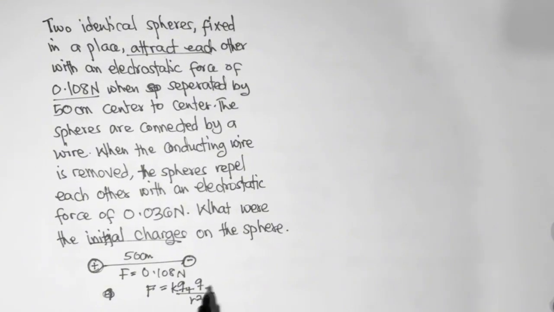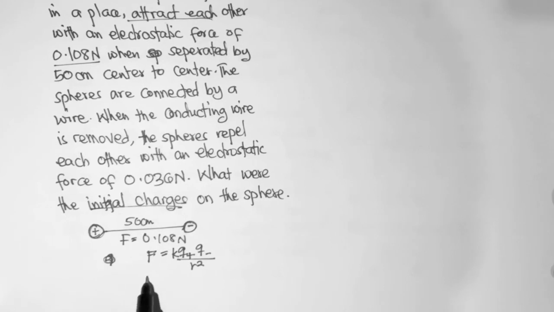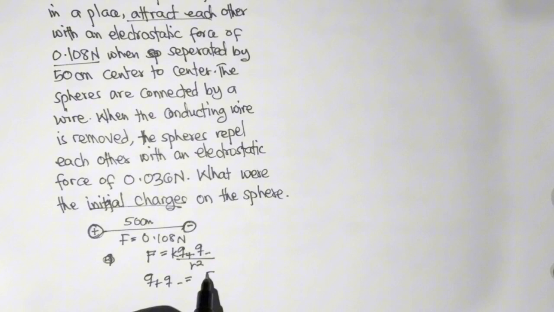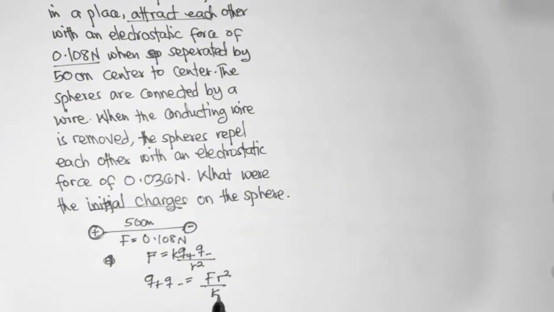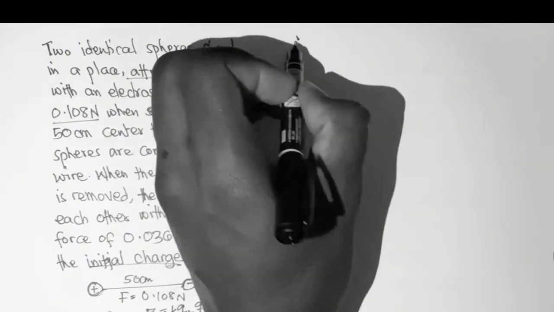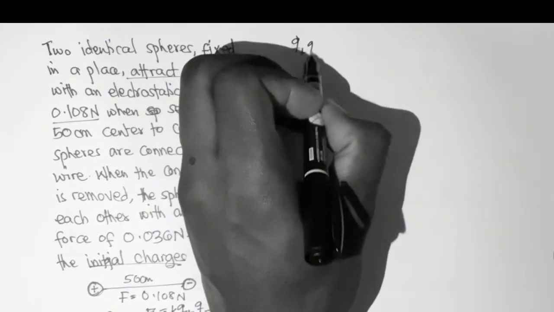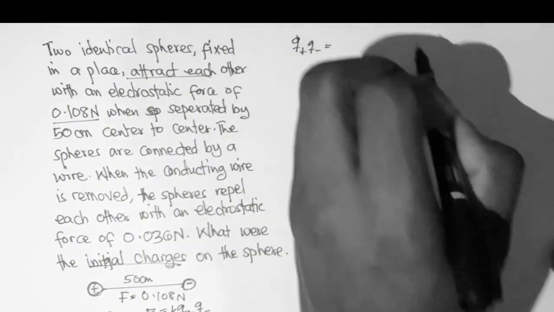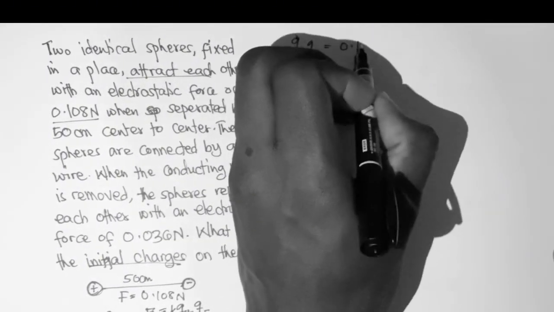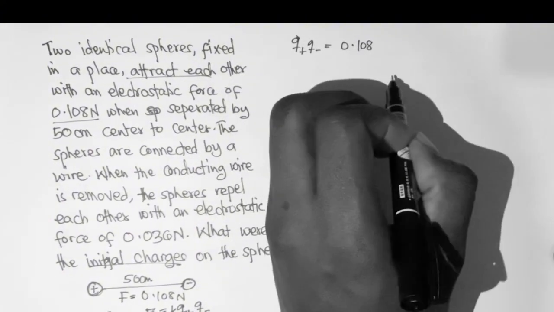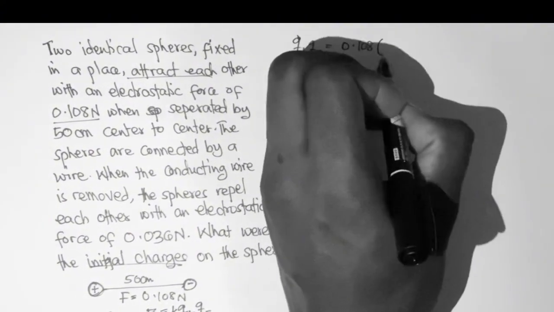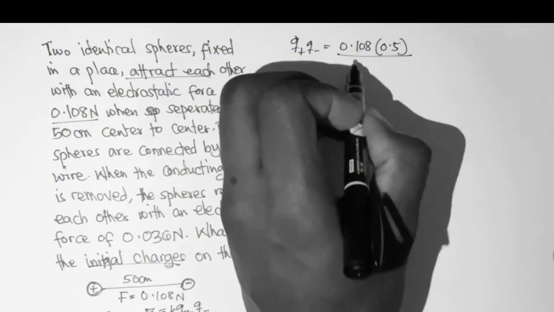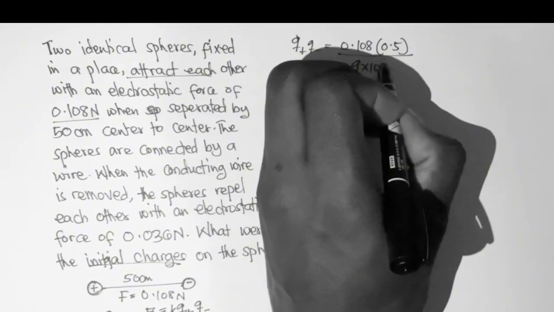So if we make Q plus times Q minus the subject, we see that Q plus times Q minus is equal to FR squared over K. So Q plus times Q minus is equal to the force, 0.108 newtons, times the distance separating them, 50 centimeters, which is the same as 0.5 meters, divided by K, 9 times 10 exponent 9.